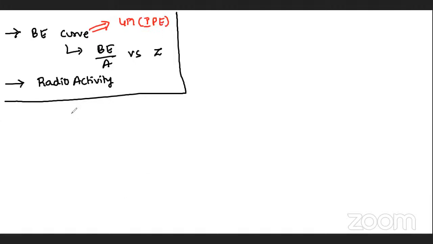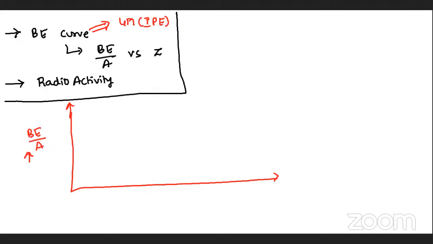On the y-axis, we are having the binding energy per nucleon, and on the x-axis, we are having the mass number A. Suppose here, up to maximum, it is 210.